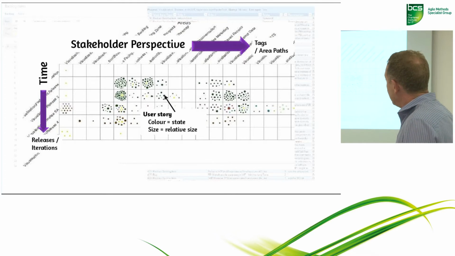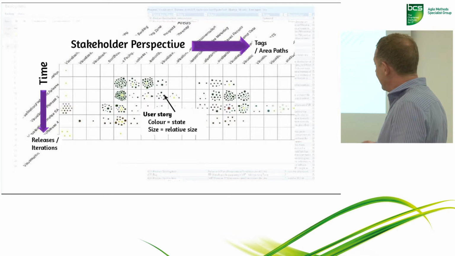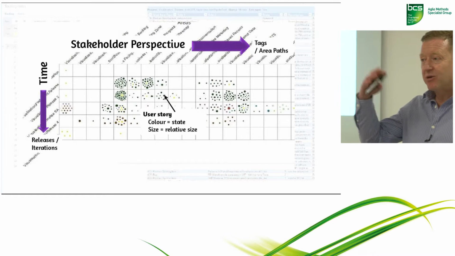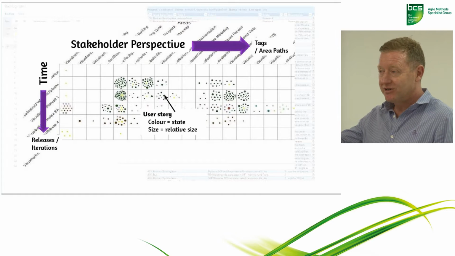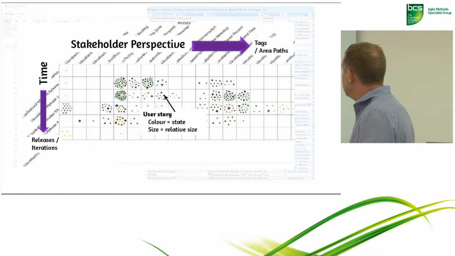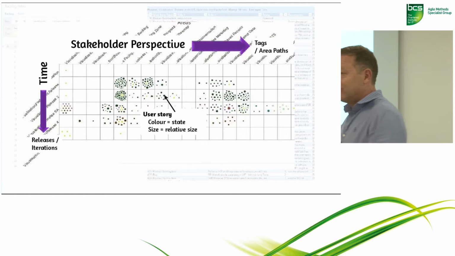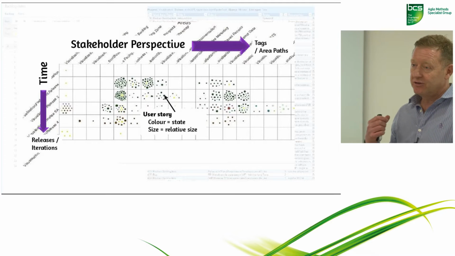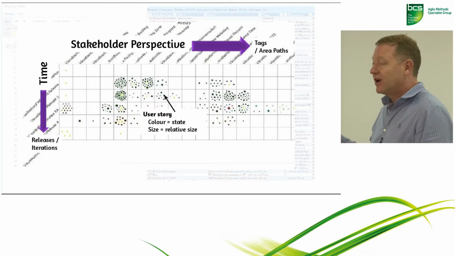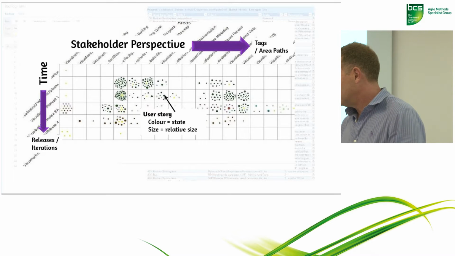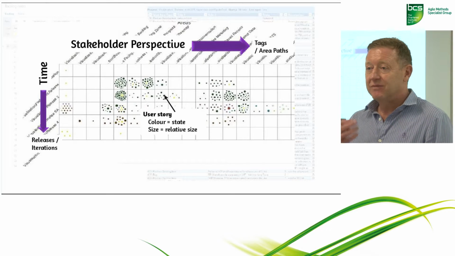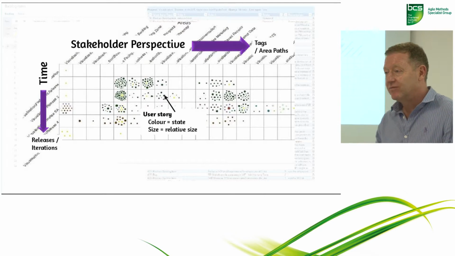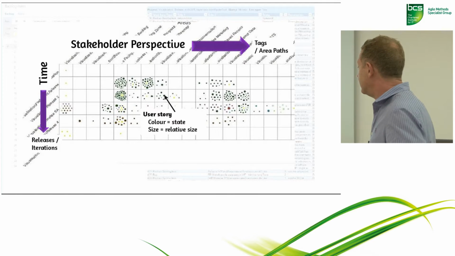So we've got a backlog where time is written down the left-hand side. It could be sprints, months, iterations, releases, whatever. And how the business or the stakeholders see the backlog is along the top. In this case, we've used area paths, but you could use tags or other features or whatever your business people can recognize.